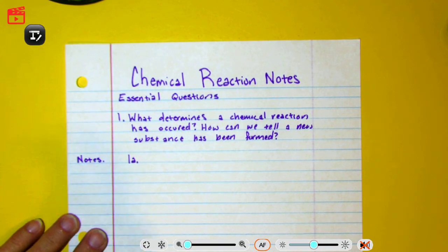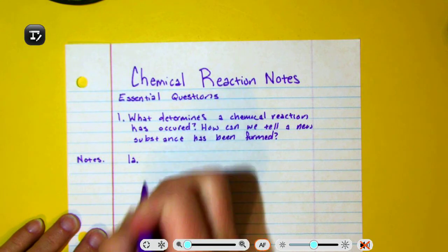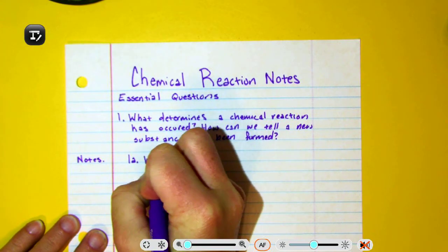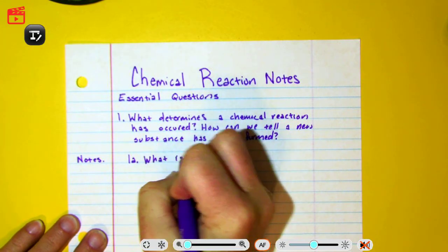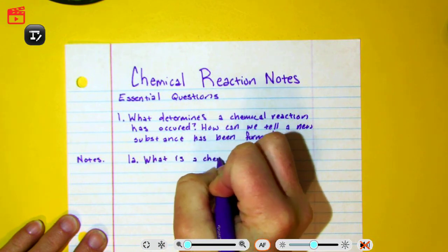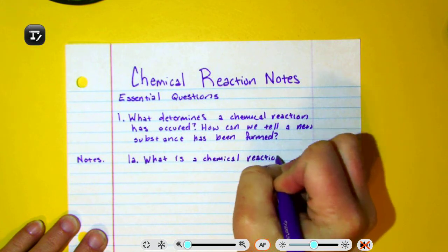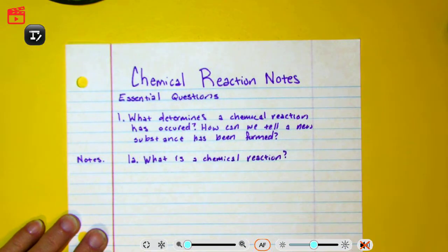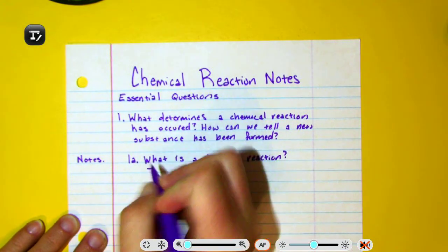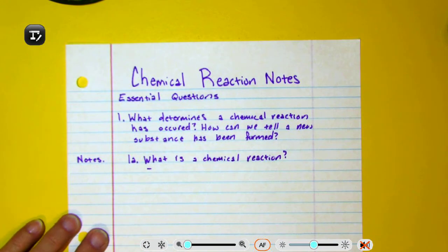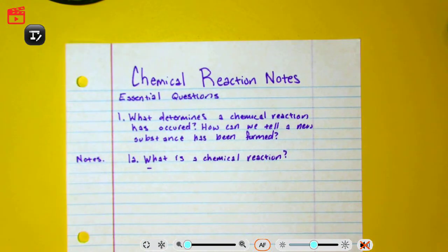All right, so the first question that I want to ask is, what is a chemical reaction? So what happens during a chemical reaction? Whenever we were talking about the periodic table and atoms and valence electrons, we talked about their reactivity.